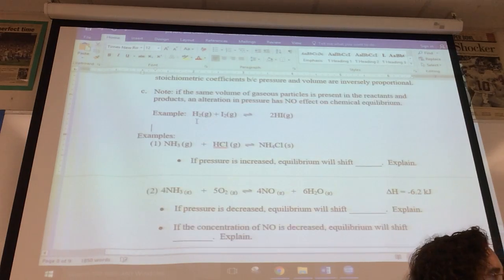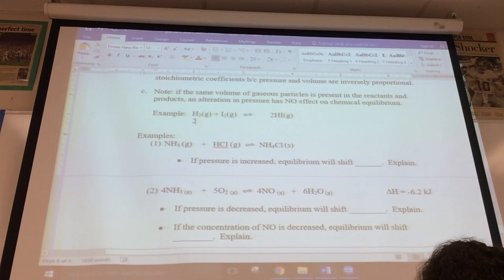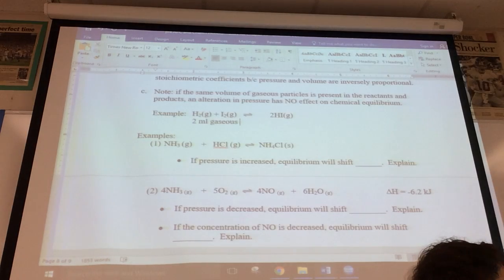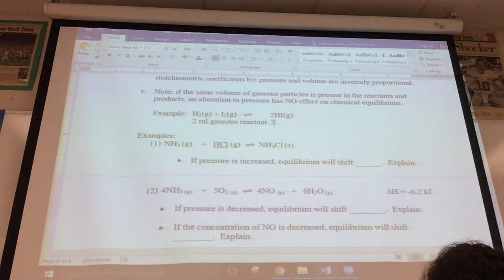In this example, you've got 1 plus 1 is 2 volumes of gas, let's say 2 mils of gaseous reactant, and you've got 2 mils of gaseous product.